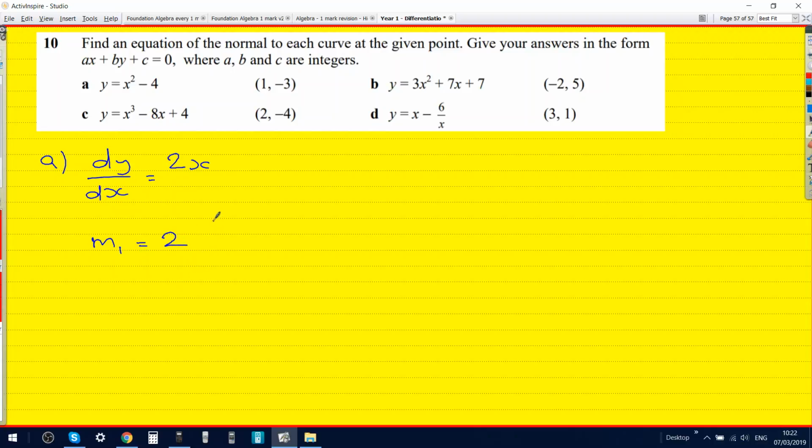That would be the gradient of the tangent. We want the equation of the normal. Is minus 1 over the gradient? Yeah, in this case, minus a half. Minus 1 over 2. Right. And so, final answer.